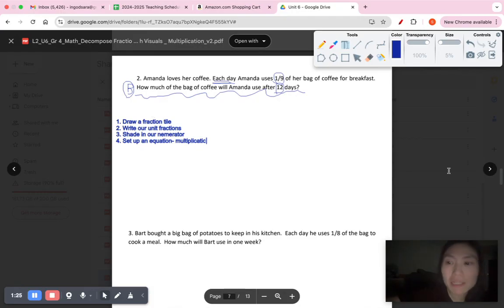I'm going to give you some time to first draw the fraction tile, write your unit fraction, shade in your numerator, and then set up an equation. Ooh, I can see friends drawing one whole and partitioning it into 9 equal parts.